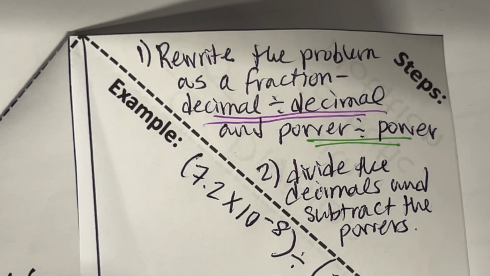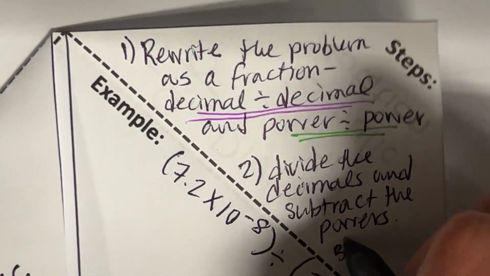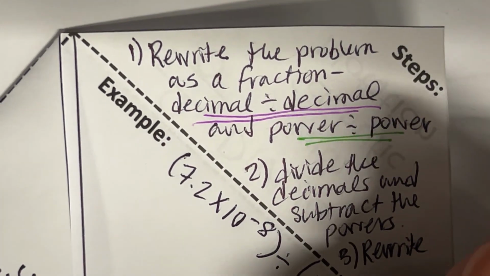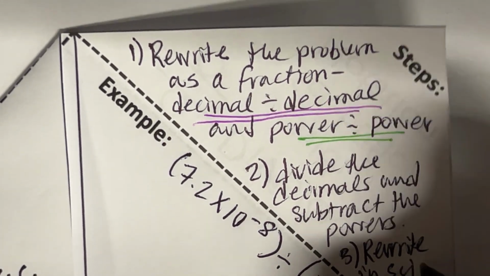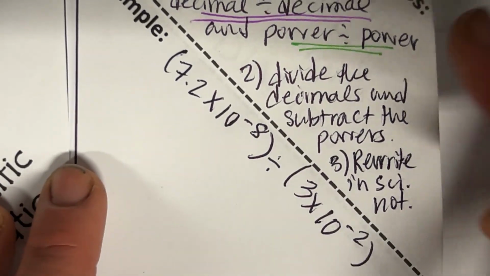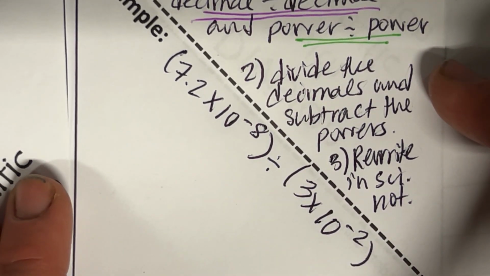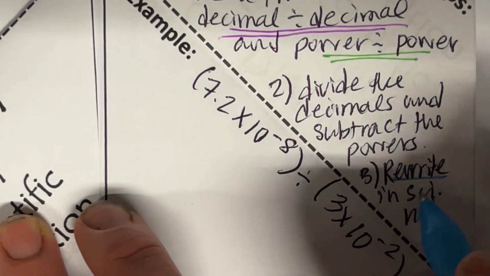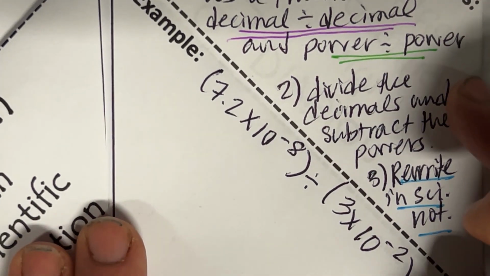And then our very last step, and this will be the last step every single time, rewrite in scientific notation. Okay, so those are our steps. I'm going to show this rewriting in scientific notation in blue, just like I did with the multiplication problem.